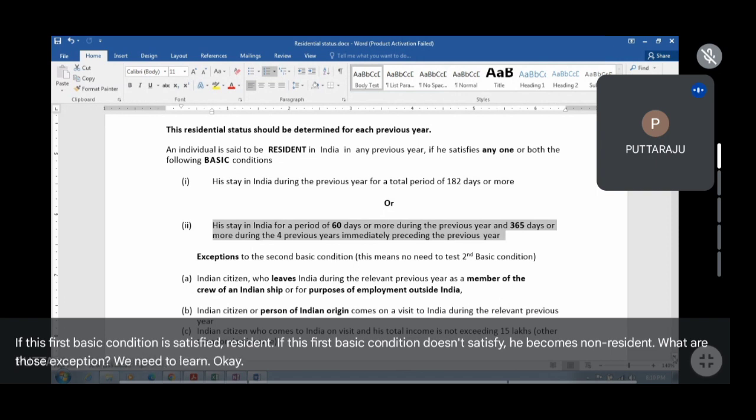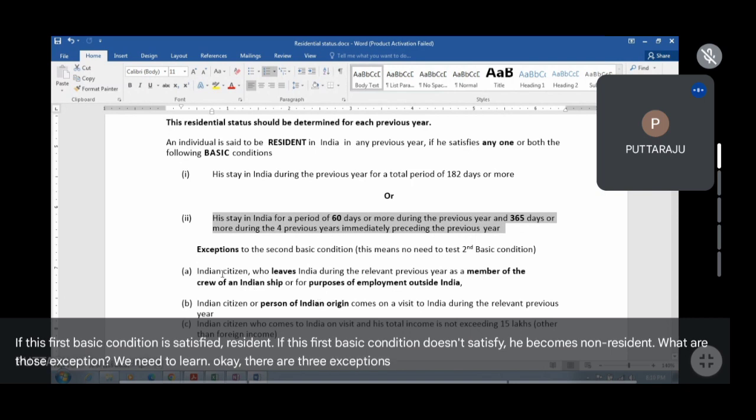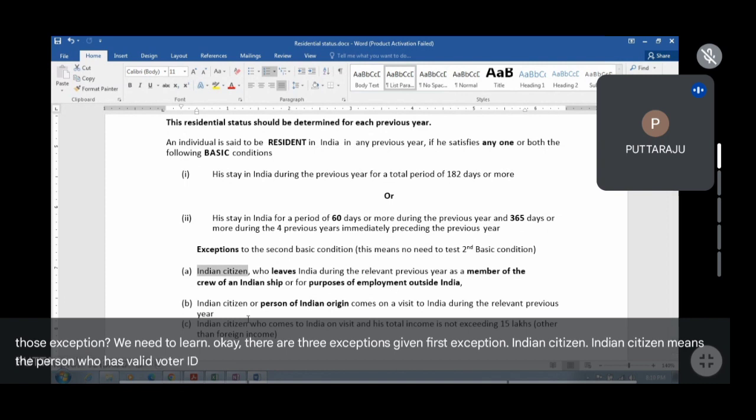Okay, there are 3 exceptions given. First exception, Indian citizen. Indian citizen means the person who has a valid voter ID and valid passport, who leaves India during the relevant previous year.